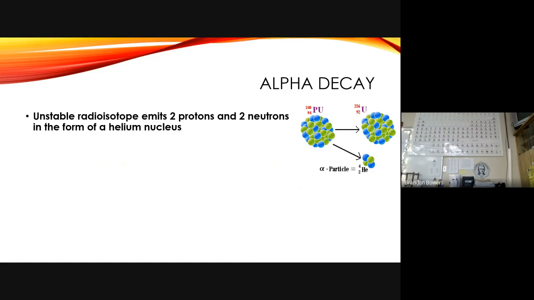What element would this be? How would we know that? So helium's 2. What element is 92? Uranium. It's element 92.